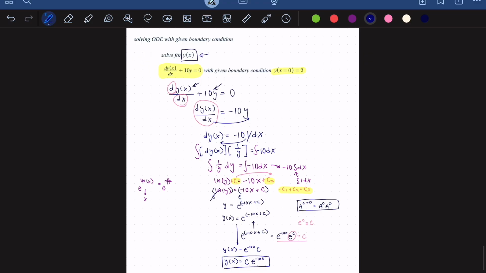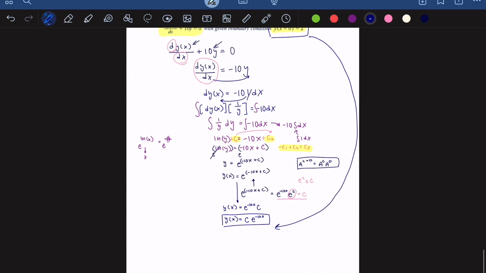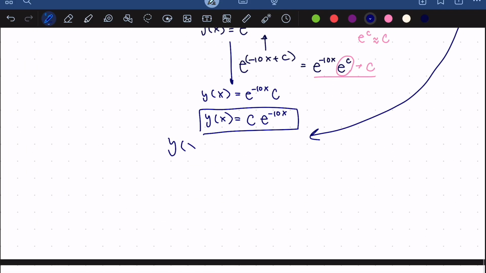So this is where we bring in the boundary condition in order to solve for the unknown c. So we're going to bring that down. I'm just going to rewrite the boundary condition that was given. This means that when x equals 0, y would equal 2.